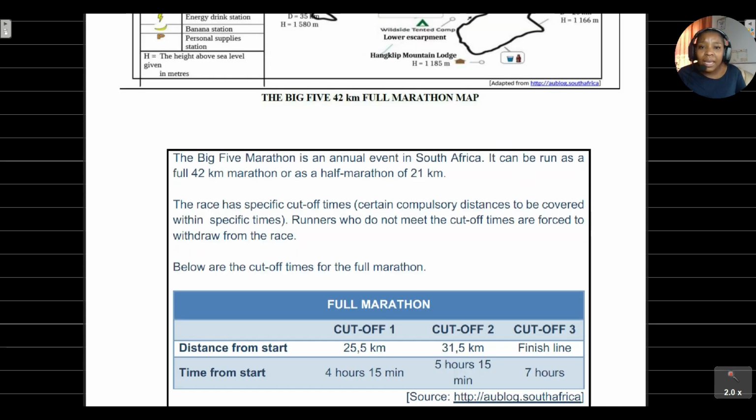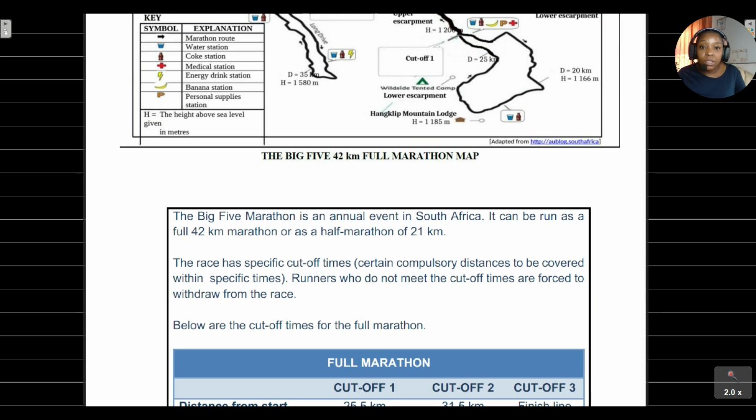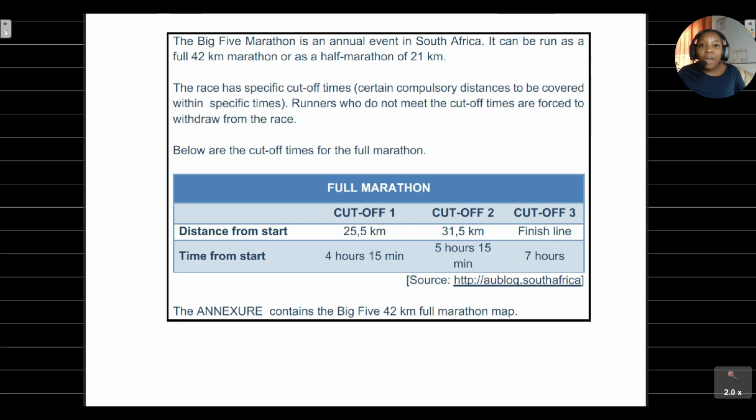Before we look at the questions, they're telling us that this is the Big Five 42 kilometer full marathon map. If that is 40 kilometers, that means that from that point to the finish line is just an additional 2 kilometers. It says that the Big Five marathon is an annual event in South Africa.